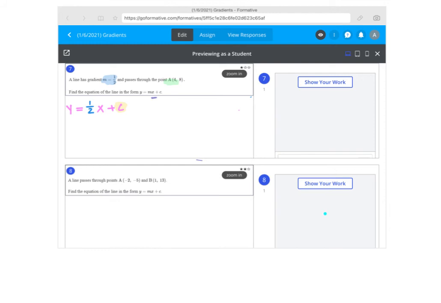So let's go ahead and replace x with 4, and then plus c. So let's go ahead and leave the left side alone. So 8 is equal to, and then 1/2 times 4, that's going to be 2, right? And then we're going to have plus c.